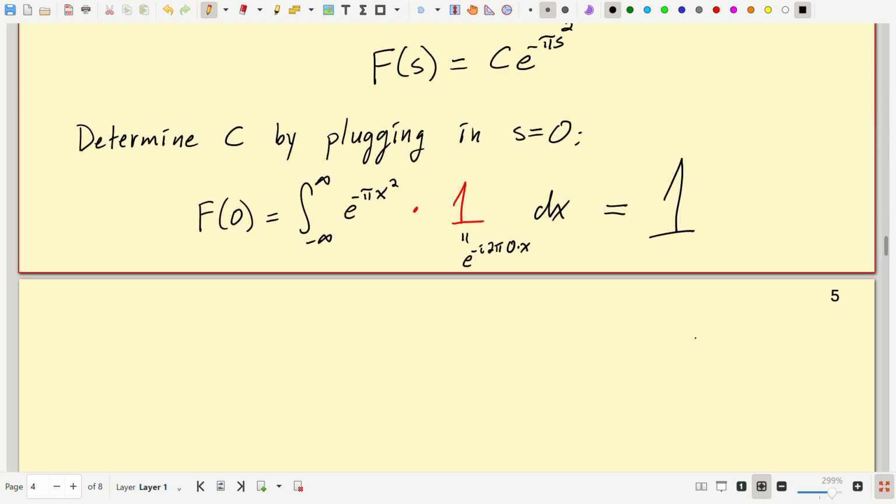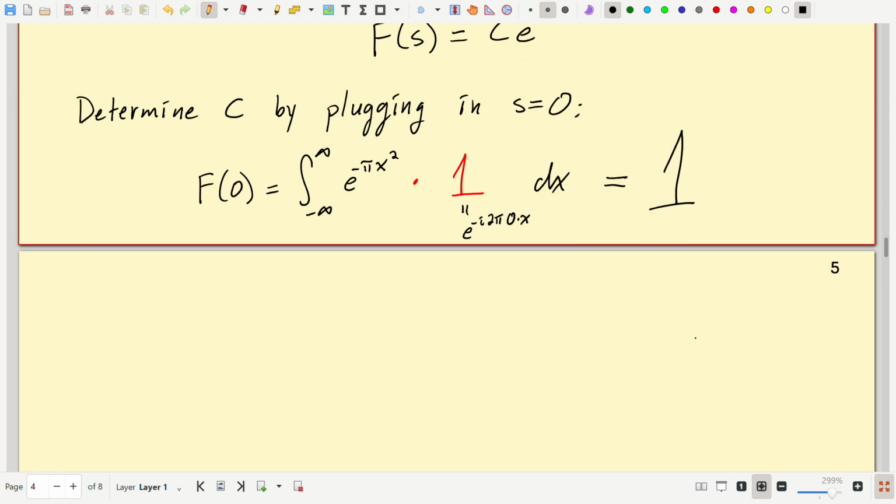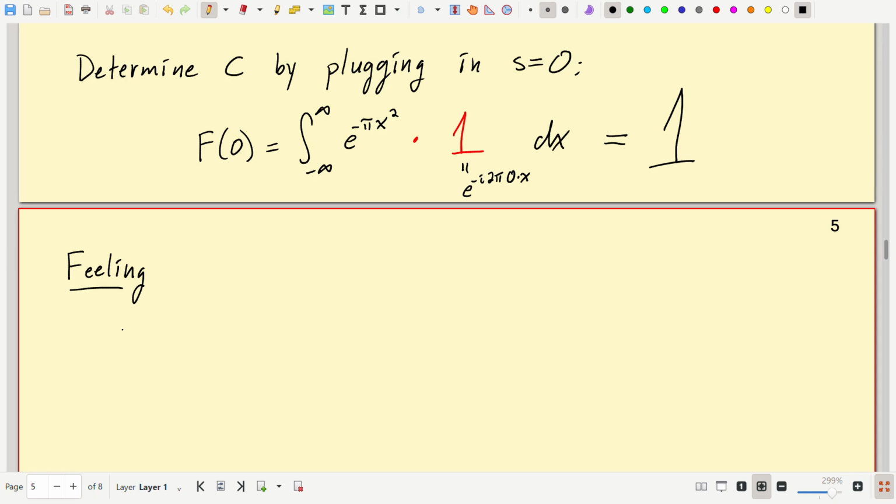Well, let's see. Here's the feeling. If you know the Fourier inversion formula is true on Gaussian bump functions, then it's actually true more generally, because you can always write a function as a linear combination of bump functions.